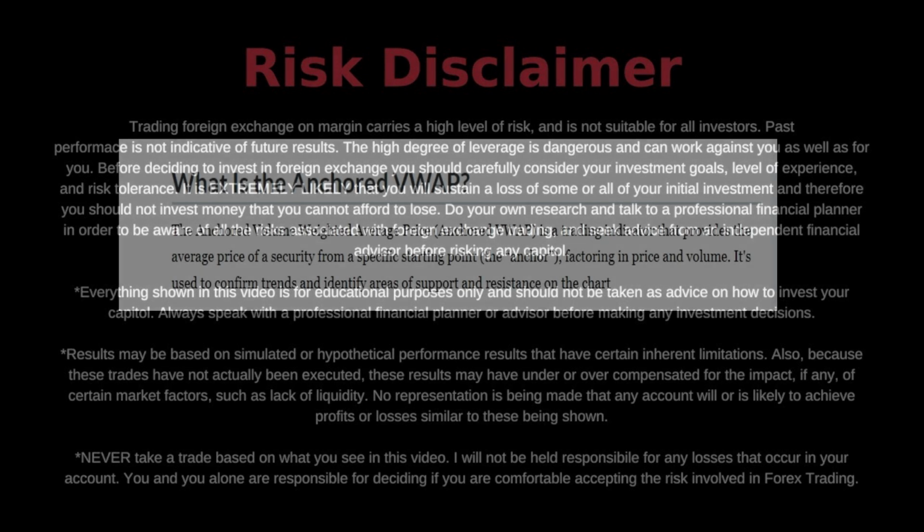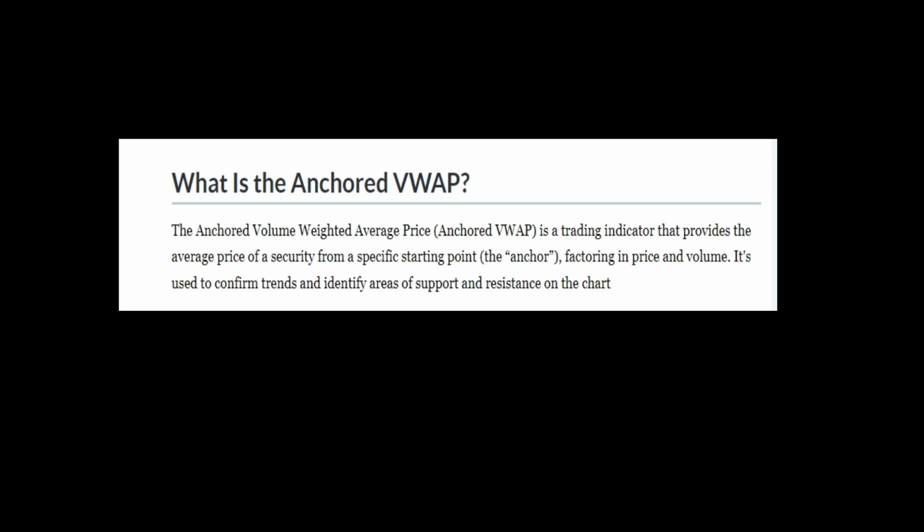And let's go. So I'm going to take a look here. I'm going to attach an anchored VWAP to swing highs and swing lows on Canadian dollar futures. And if you've never heard of a VWAP, it stands for volume weighted average price. You can anchor it to a high, a low, a quarter, and it factors in price and volume.